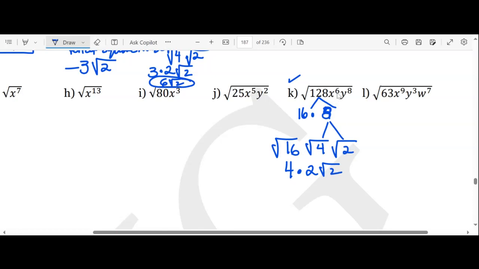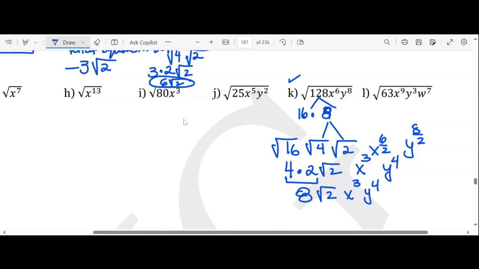Square root of 2. What about x to the power of 6? x to the power of 6 divided by what? 2. So your answer will be x to the power of 3. y to the power of 8 divided by what? 2. So y to the power of what? 4. So your final answer is what? 8 square root of 2 x cubed y to the power of 4. Is that clear? Please copy this into your notebook. That's the final answer.